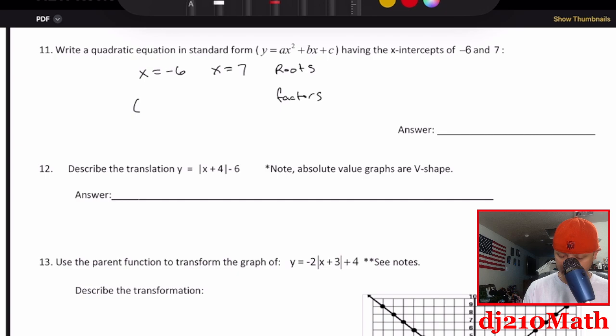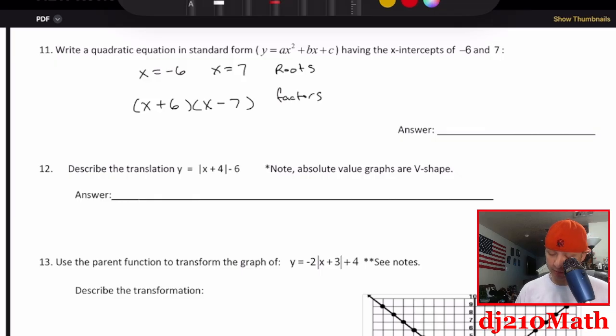Factors are going to be inside lies. So x plus positive 6. Because it equaled negative 6 as a root, when you change it to a factor, you switch the sign. x minus 7. All right, so those are my factors for an equation that has roots negative 6 and 7.